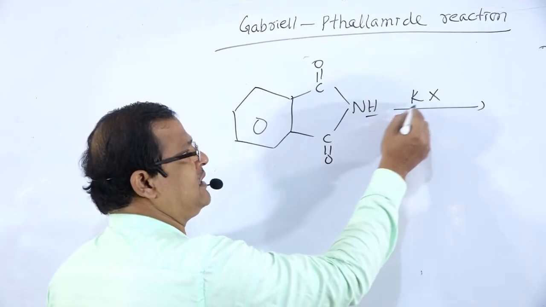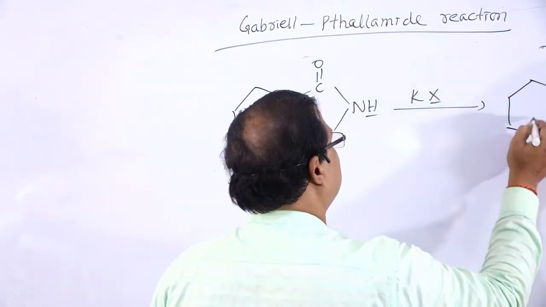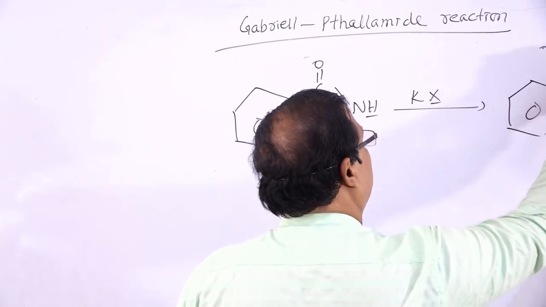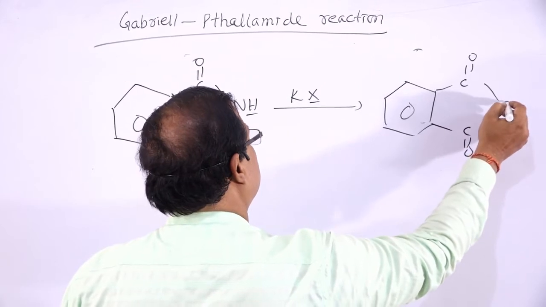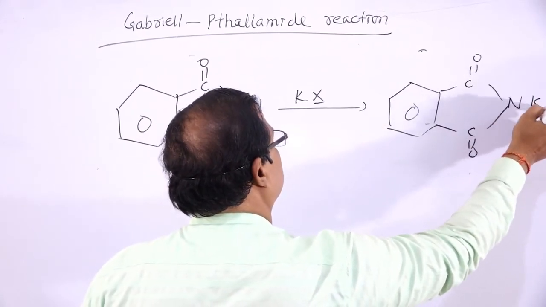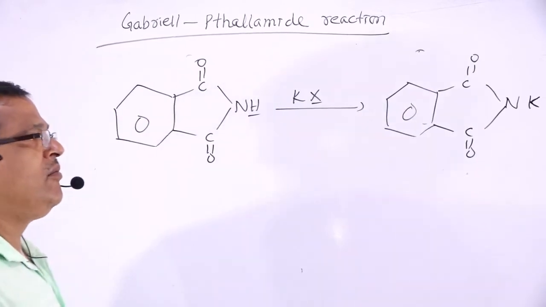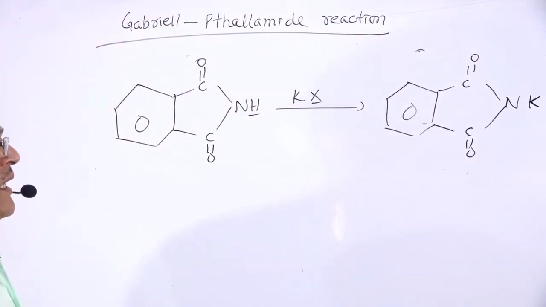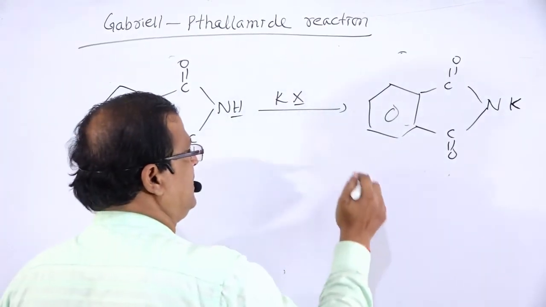So HX is removed, and there is the formation of this salt compound, with C=O and NK. HX is removed, and the salt is formed.